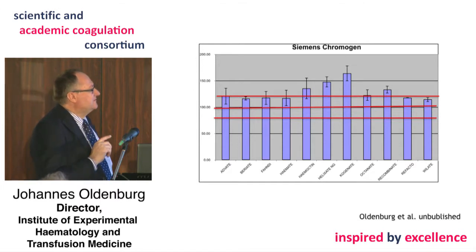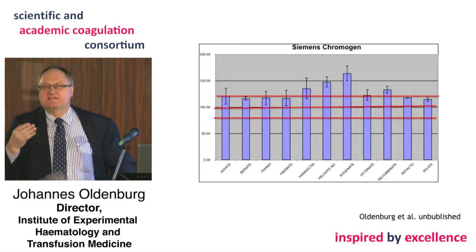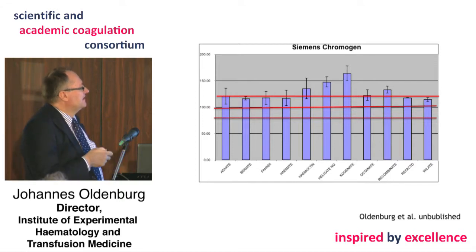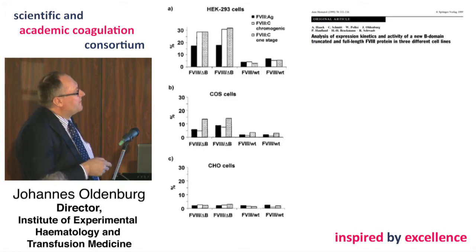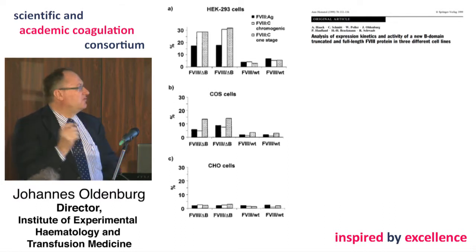This is a study that shows that the cell line which is producing the factor VIII may also have an influence on assay discrepancies. So this is a human HEK cell line. These are COS cells, and these are CHO cells. In HEK cells and CHO cells, the one-stage and the chromogenic assay correspond quite well.